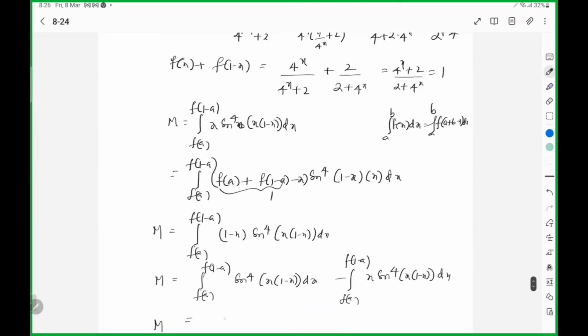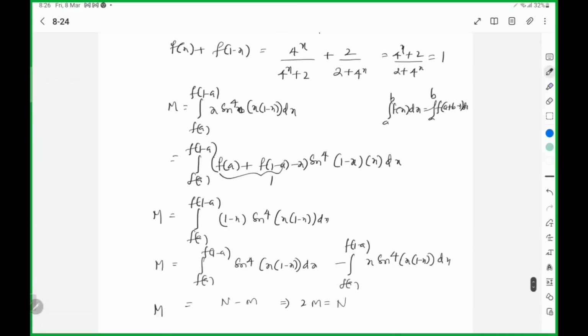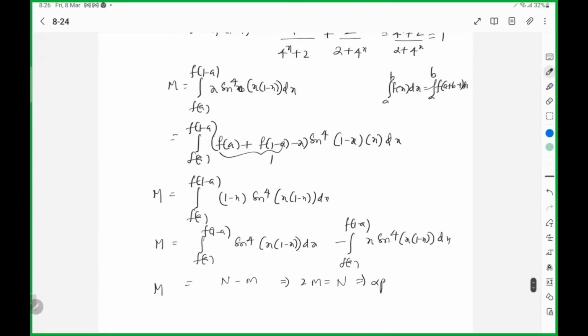It is n, it is m. 2n is n. He told alpha n is beta n. Alpha is 2, beta is 1.